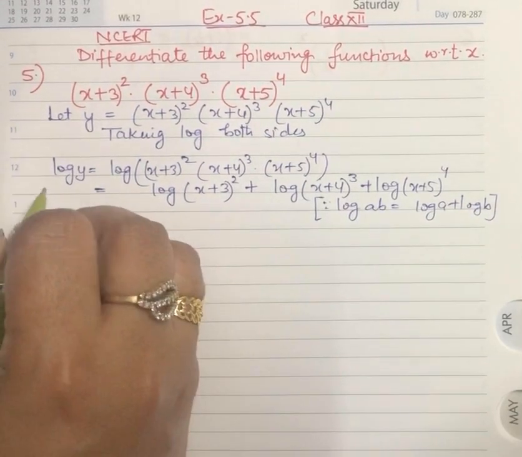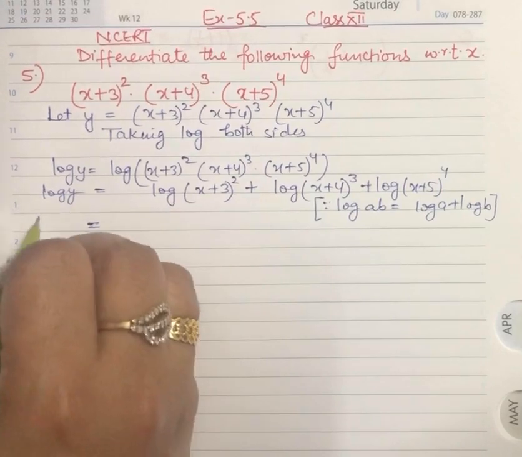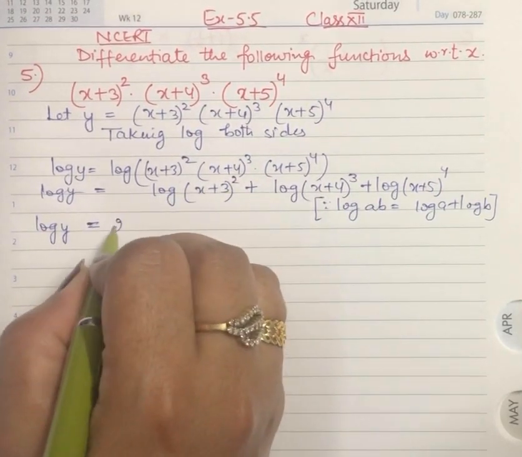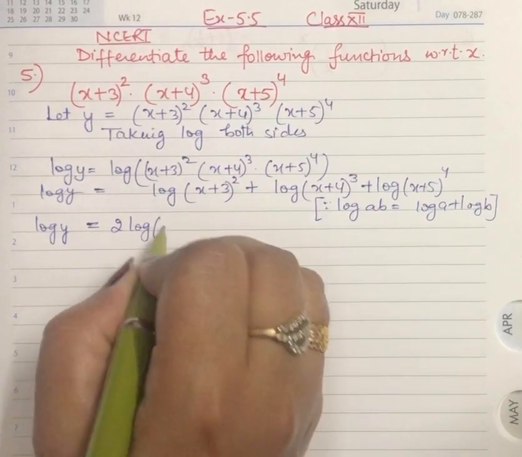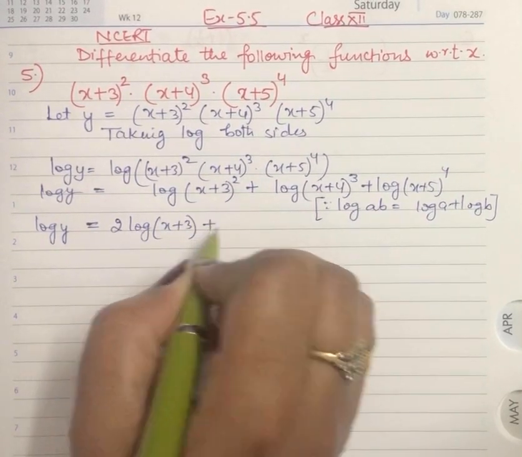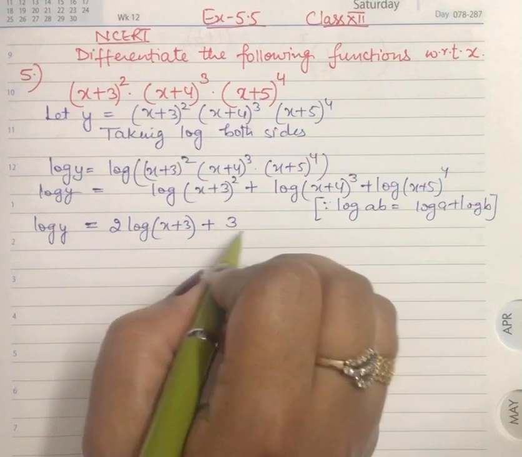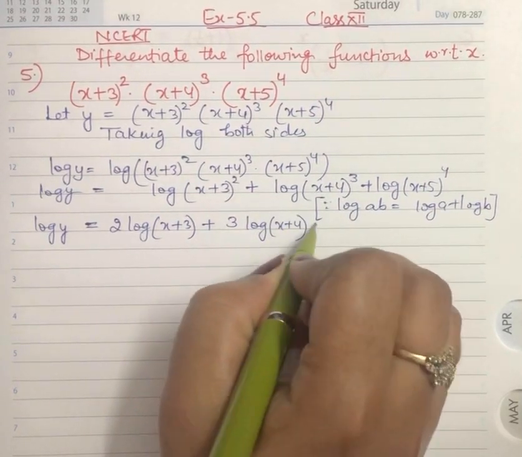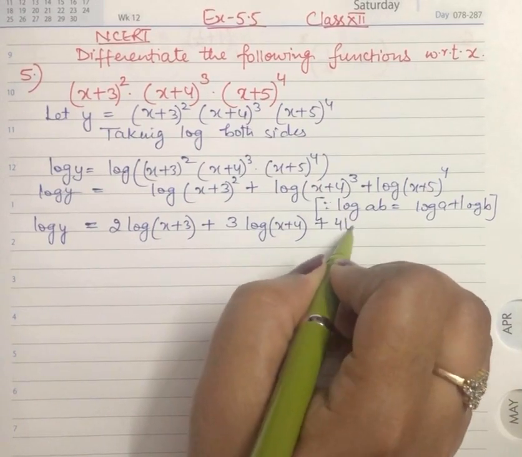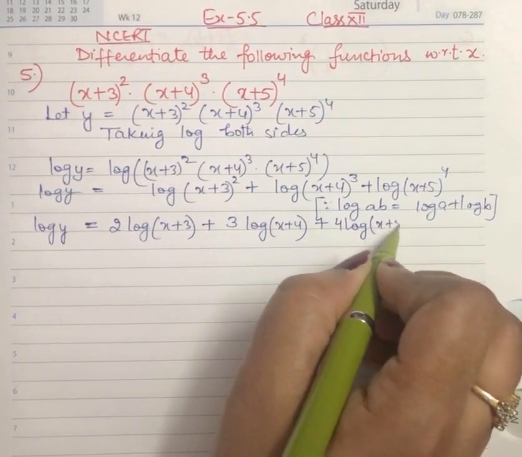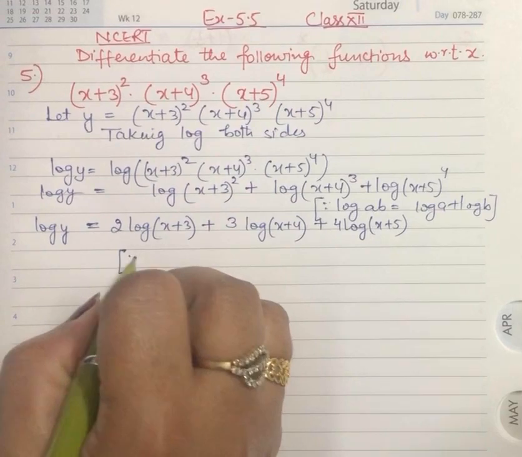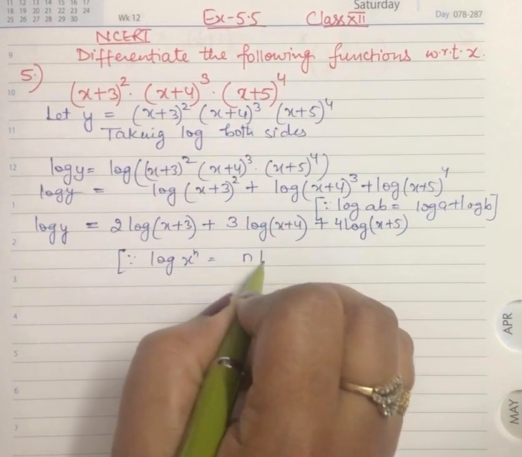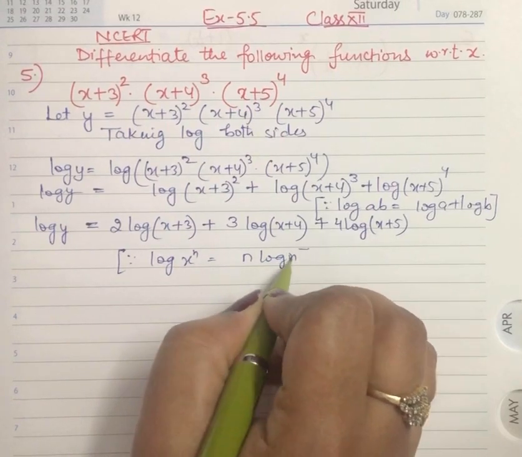Now we get log y equal to, this power 2 comes forward, 2 log (x plus 3), plus in the same way 3 comes forward, 3 log (x plus 4), plus 4 log (x plus 5), because we know log of x to the power n is n log x.